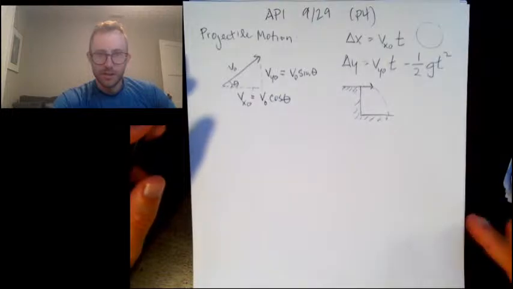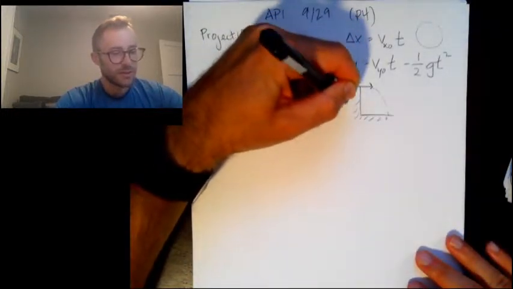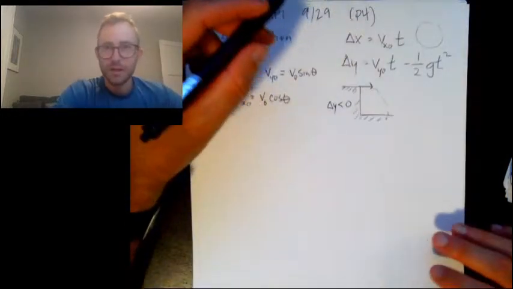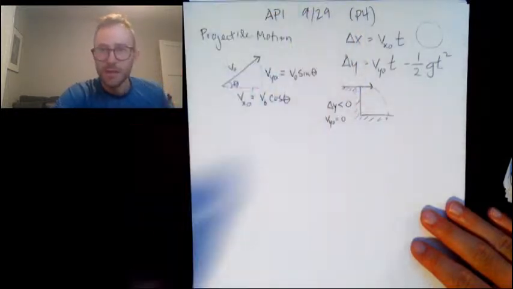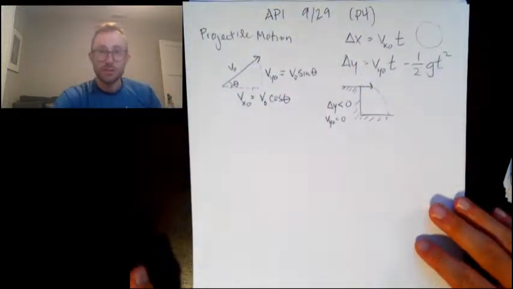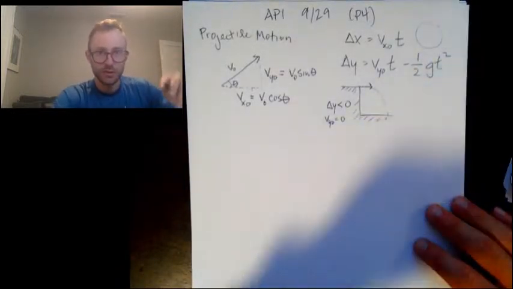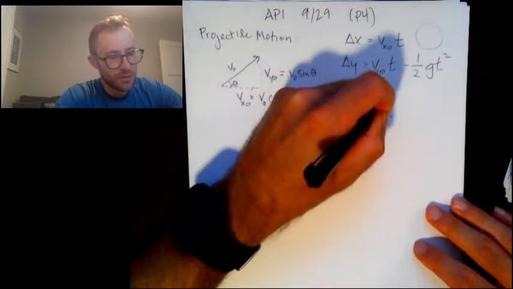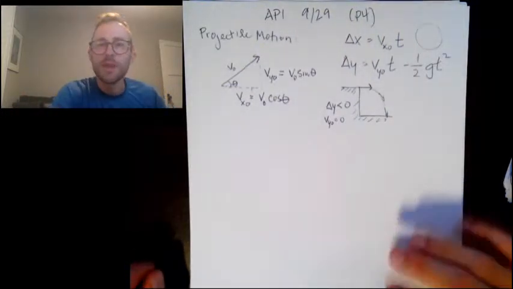The key idea here was that delta y is less than 0 because the projectile drops a certain distance. And then we also have Vy naught equals 0, because the projectile is launched horizontally, so all of the initial speed is horizontal, none of it is vertical. Of course, as the projectile travels, it gains vertical velocity, or else it would never go down.